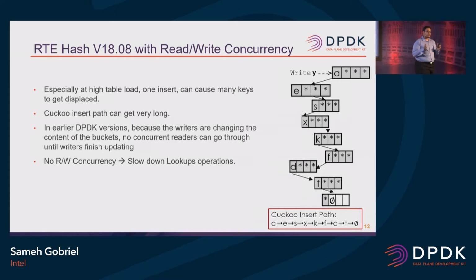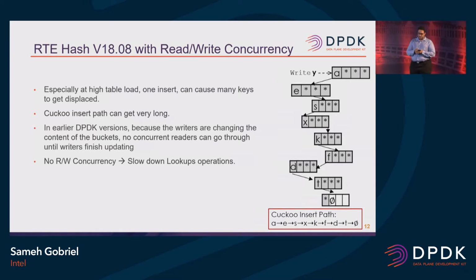If you think about concurrency, when you are looking up keys in the table, the keys have to be in their final location before you do a lookup. So before 18.08, what you typically would do is that when you are inserting, you will stop all lookups. All lookups have to be stopped. You finish the insertions, and then you allow lookups to proceed.